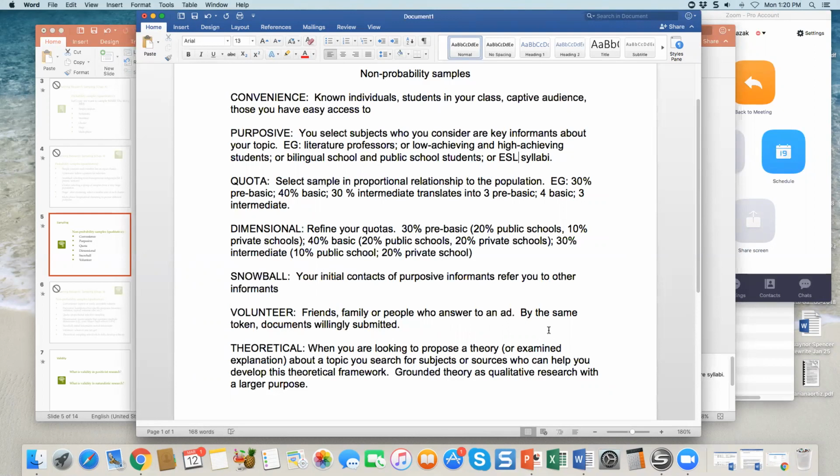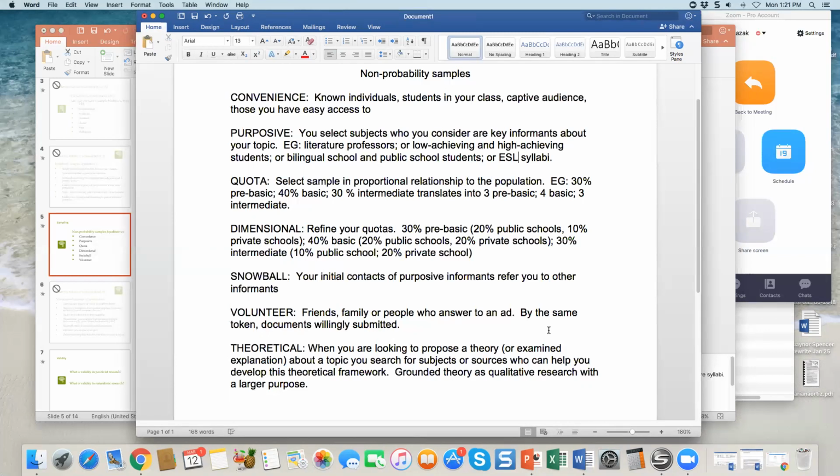So, for example, I have some examples related to education here, but if you wanted to talk to literature professors because you were interested in certain aspects of second language acquisition in literature classes, low achieving or high achieving students, bilingual school students or public school students, or if you're looking at documents as your unit of investigation, ESL syllabi. These are just examples, but basically purposive means that you are selecting participants in your study who you consider to be key informants.